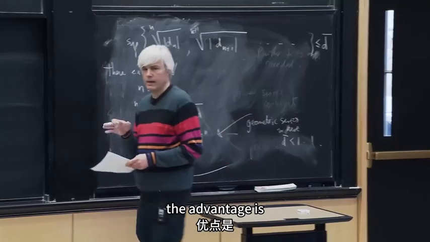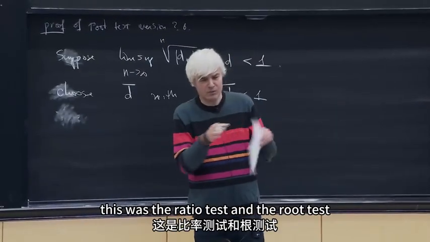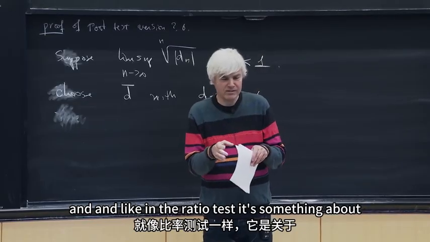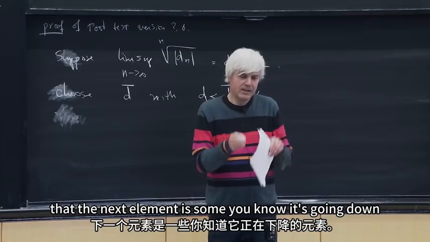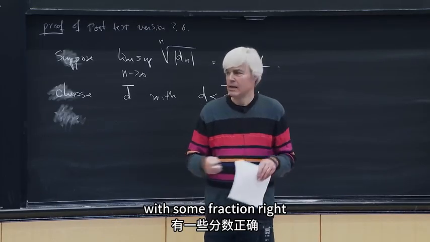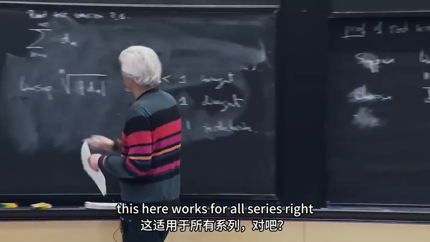And again, the advantage is, I think you were the one that was asking yesterday, last time with the ratio test and the root test, in the ratio test it's something about the next element going down with some fraction, right? And here you very much see that this works for all series.